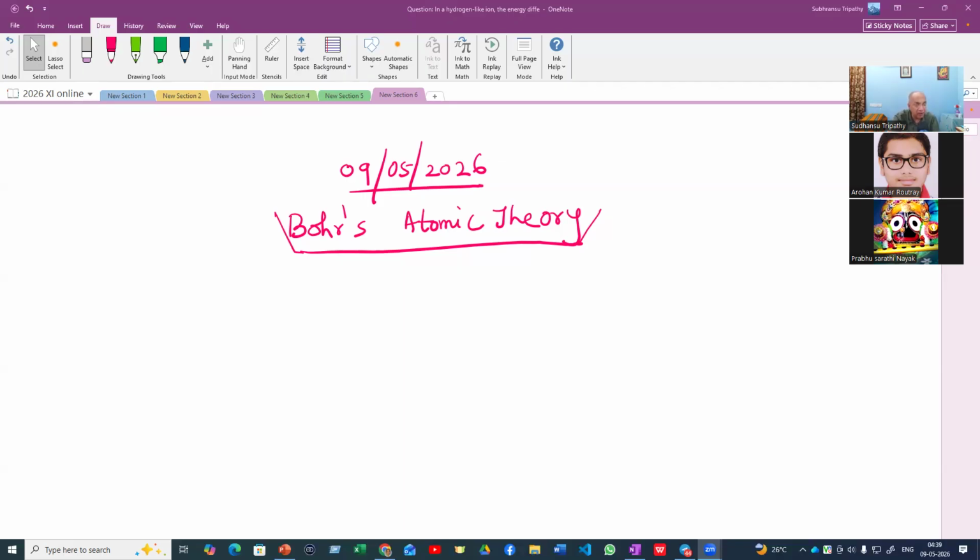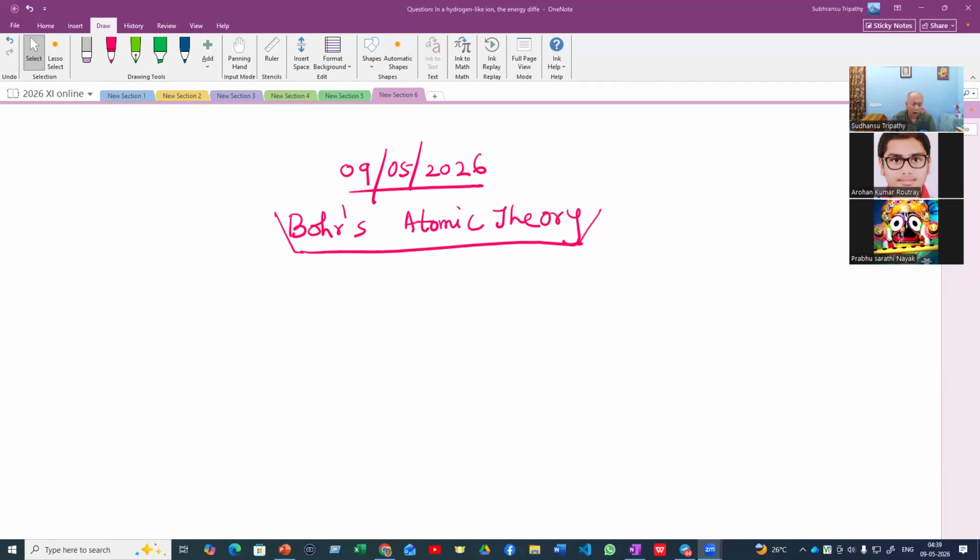And each packet of energy has a value which is proportional to the frequency, and the proportionality constant is h, E equals h nu. And we correlated E equals h nu to hc by lambda or hc nu bar.